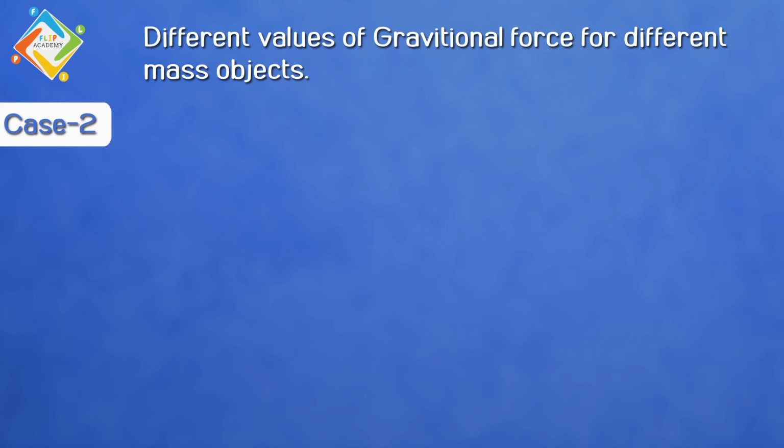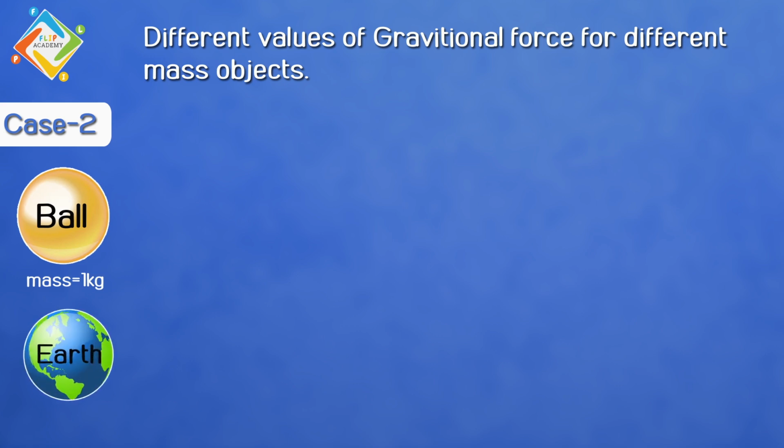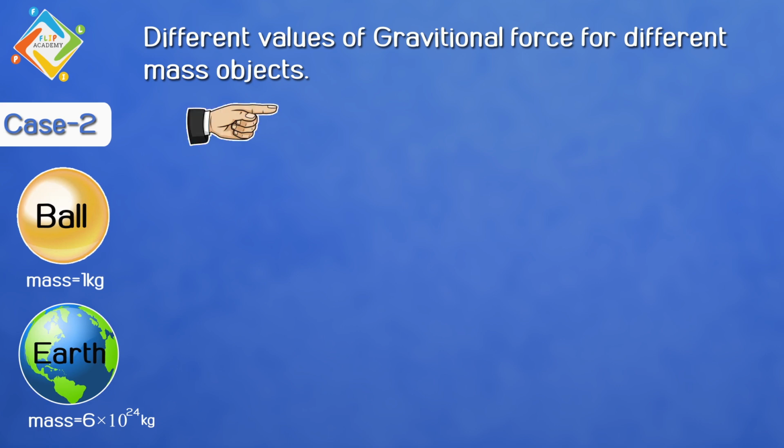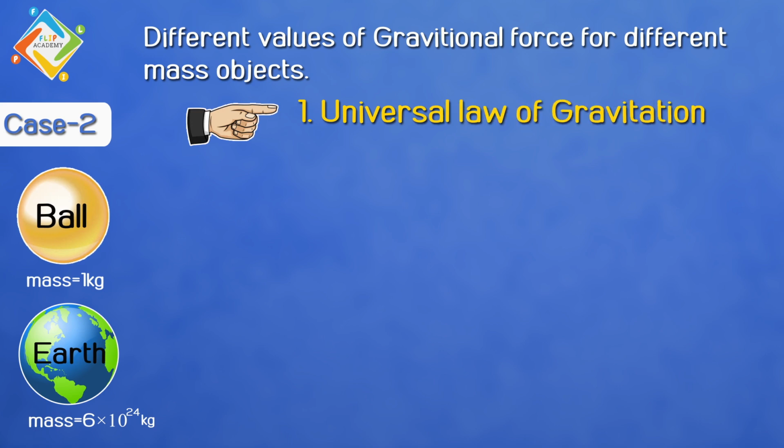In the second case, again there are two objects. One is a ball of mass 1 kg and the other is the earth. We all know that the mass of the earth is 6 into 10 raised to the power 24 kg. Let's again use the universal law of gravitation, where the gravitational force F equals G m1 m2 upon r square.